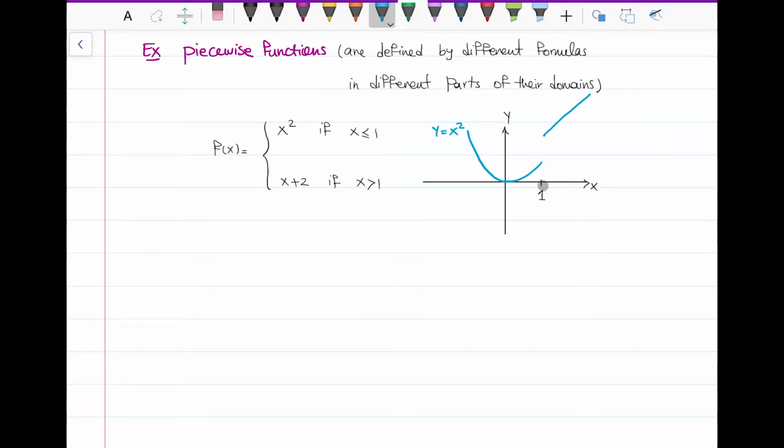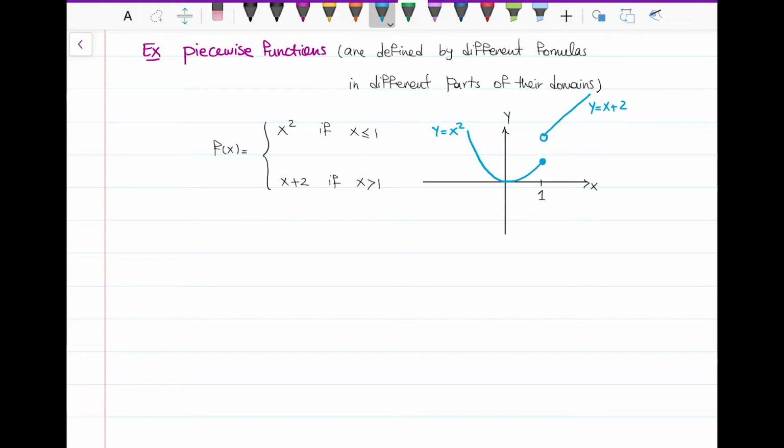But what happens at 1? At x equals 1, because I have the equal sign in here, I need to follow x squared. So I'm going to put a big dot in here, but when x is greater than 1, I need to have a hollow circle in here.